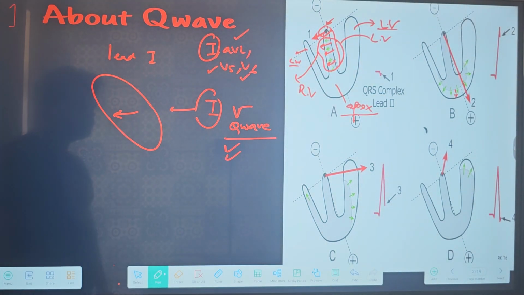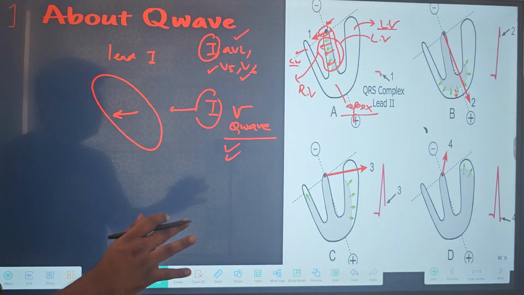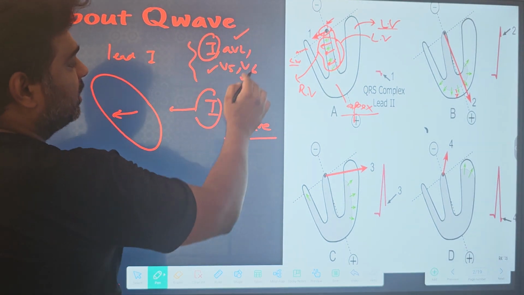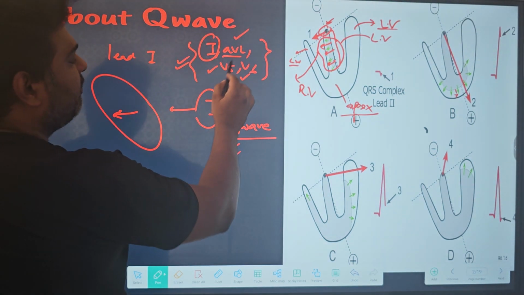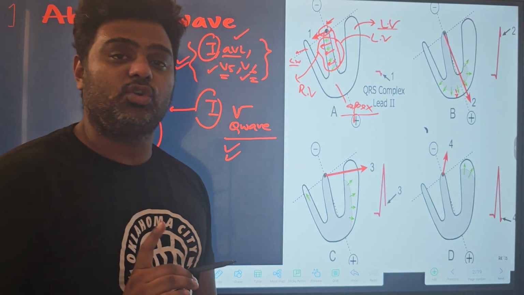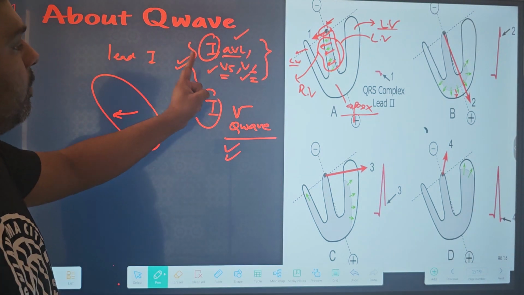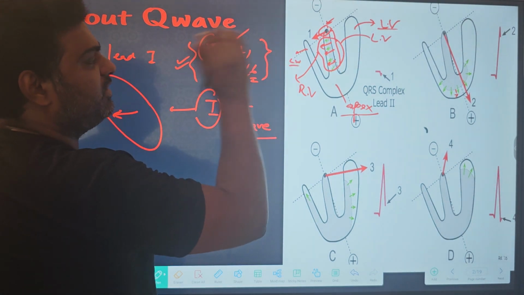Okay. Now, once we understand this, we know that if there is presence of Q wave in lead 1, AVL, V5 and V6, we cannot say that it is a pathological Q wave. And Q waves are normally present in lead 1, AVL, V5 and V6.